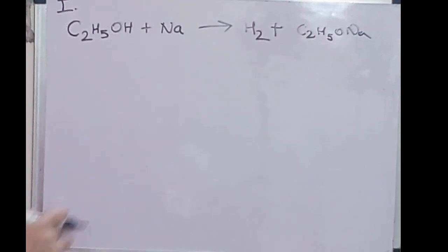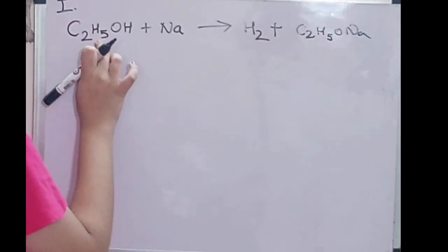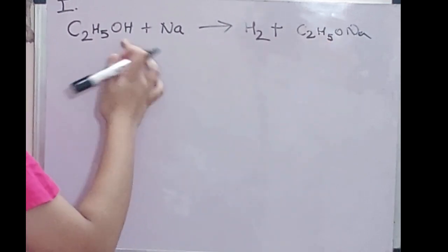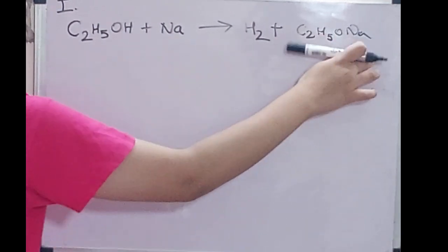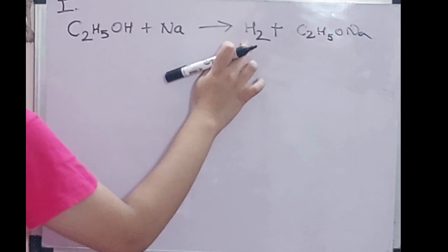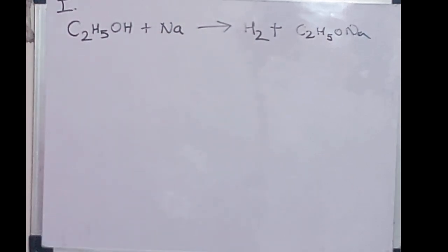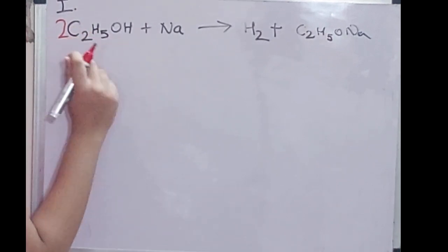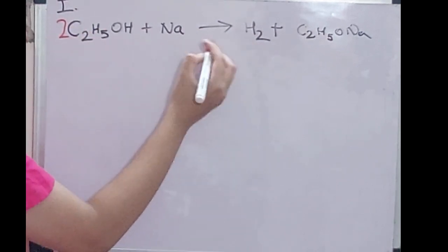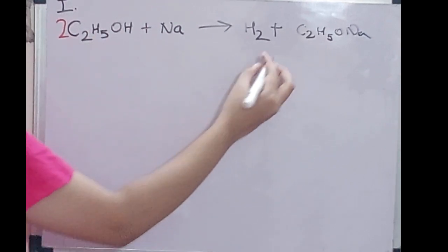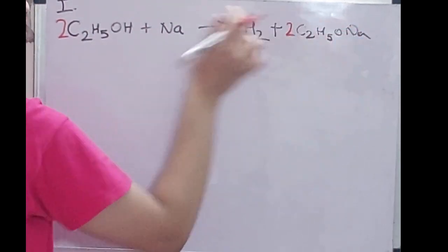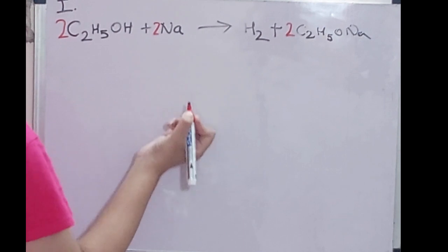And if you do balancing, C2, C2, H5, H5O, O, Na, Na, H, H2. So here you have to do the balancing. So balancing you can try it yourself. 2 hydrogen, then ये पूरा 2 से मल्टीप्लाई होता है, ये भी पूरा हो जाएगा. अब यहाँ सोडियम है तो सोडियम भी मीन्स 2 हो गया.